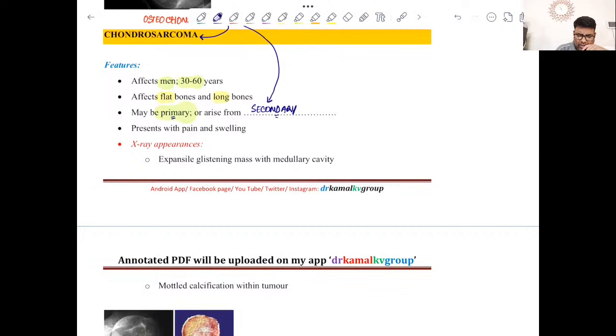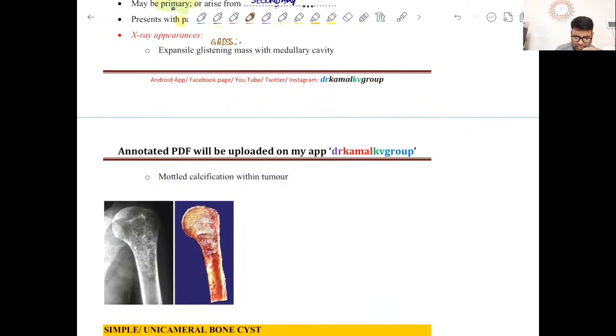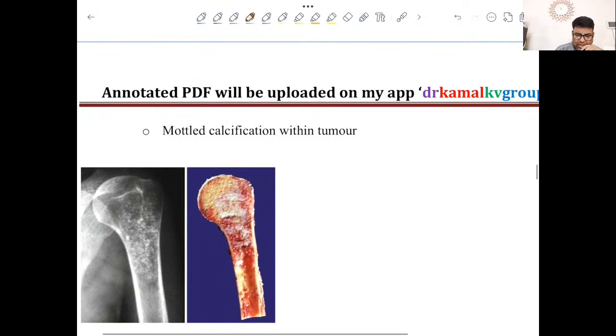Again, pain and swelling are the usual complaints of tumors. Now the X-ray appearance or the gross appearance is pretty characteristic. If we see the gross appearance here, we can see a shiny mass within the medullary cavity.